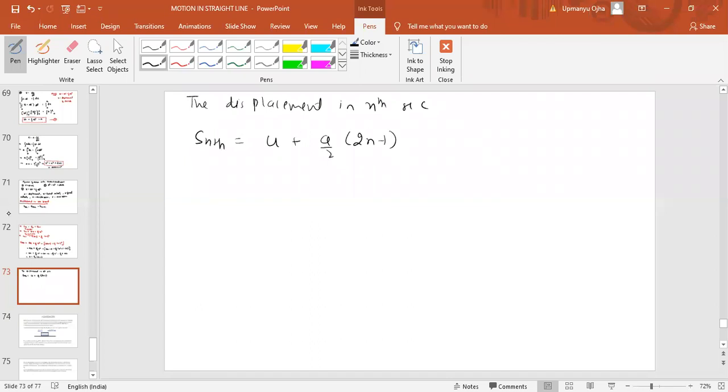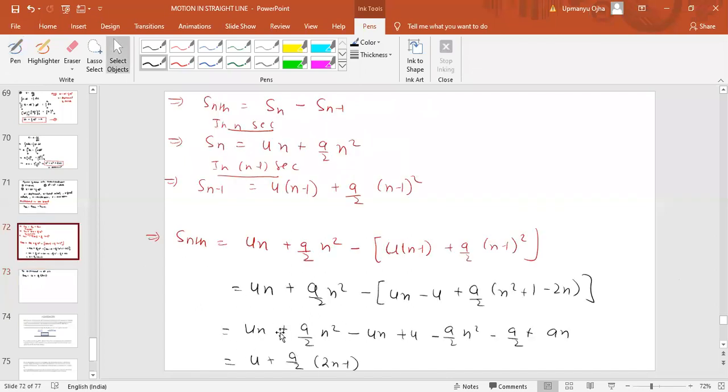You have to rearrange this equation, and you will get this expression only. Because un cancels out and a by 2 n square cancels out, we will be getting u minus un plus a by 2 plus an. Sorry, un will get cancelled out.